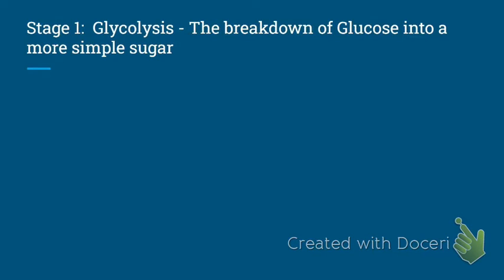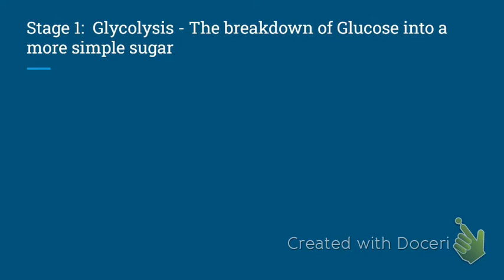Now, there are two basic stages of cellular respiration that you need to understand. Stage one is called glycolysis. Glycolysis is the breakdown of glucose into a more simple sugar. So your mitochondria really can't deal with glucose, C6H12O6. It's too big.